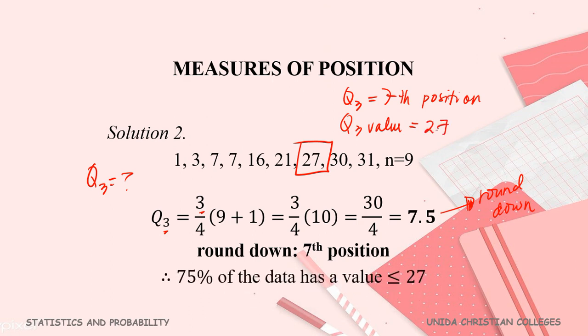So, therefore, since that is third quartile, 75% of the data has a value less than or equal to 27. So, ito daw po ang 75% ng data po. Okay po?